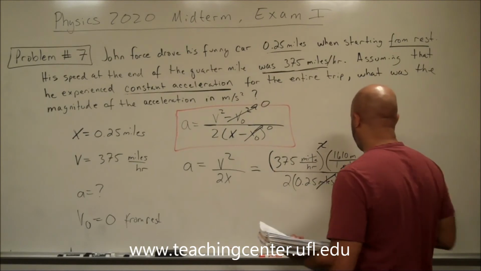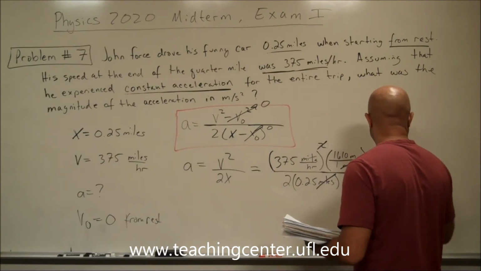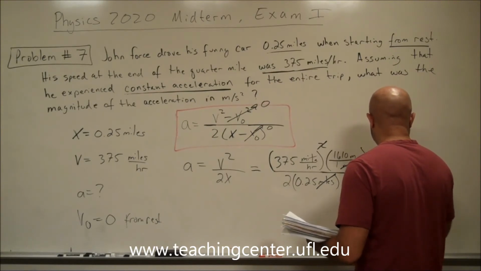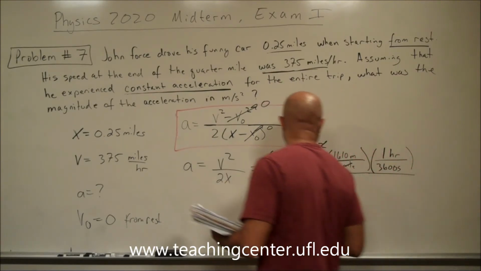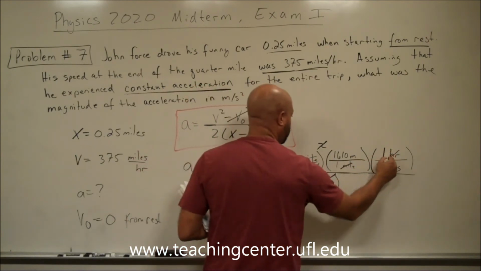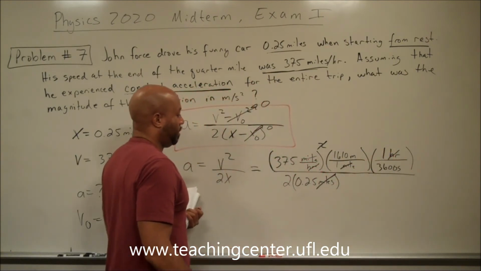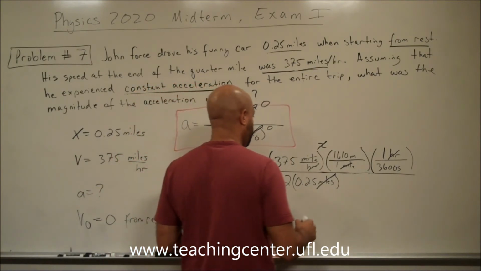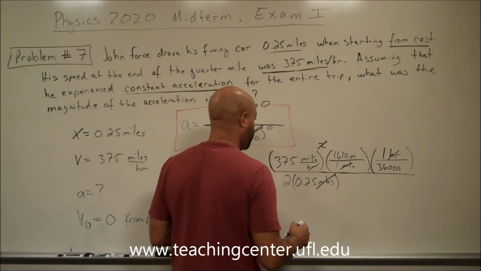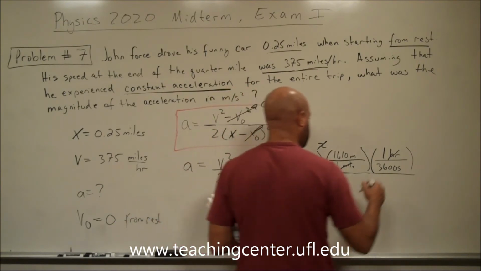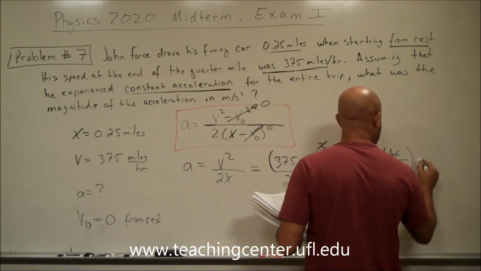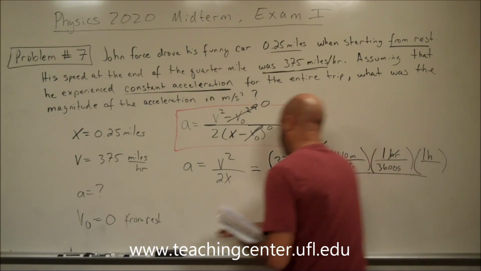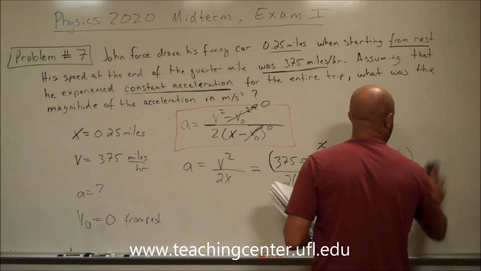And we know that in 1 hour, there's 3,600 seconds. So this hours is going to cancel out with this hours. And so we're left with, we actually going to need to do that twice. We need to actually square this term.